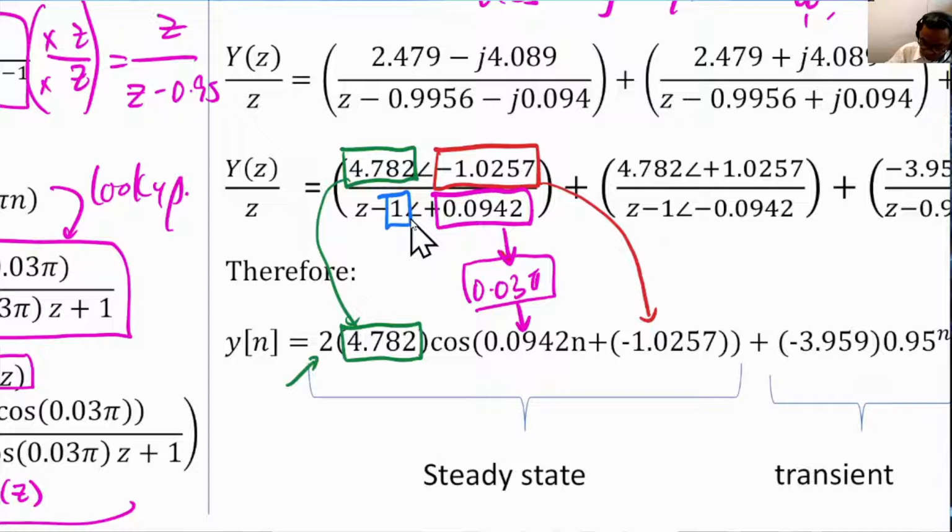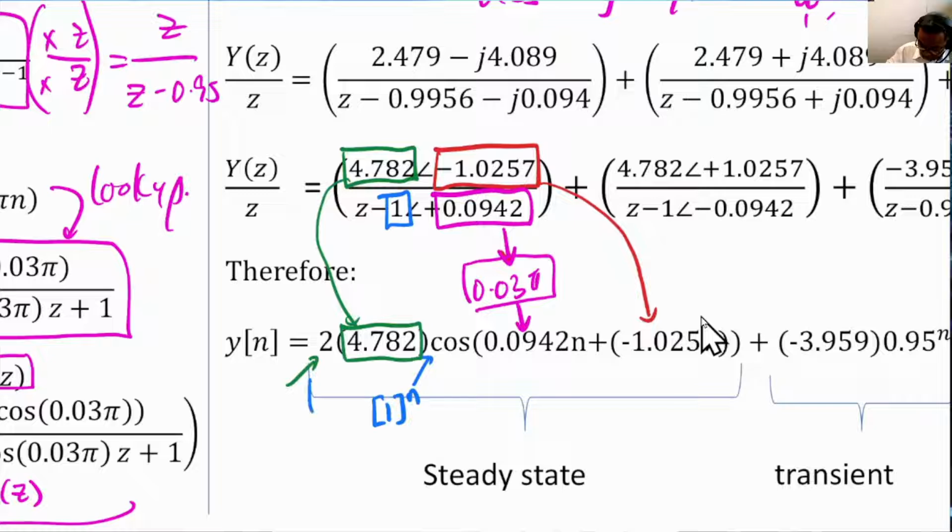It is not used because this 1 is actually the magnitude of the pole. It is 1 to the power of n, and since 1 to the power of n is always 1, we didn't put it there. But in the past, if we don't have a 1, if it's bigger or smaller, you realize that the cosine can be growing or decaying depending on this magnitude.